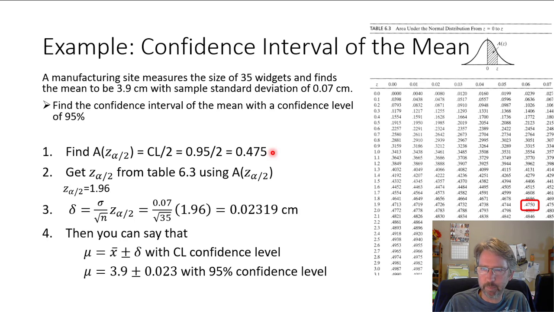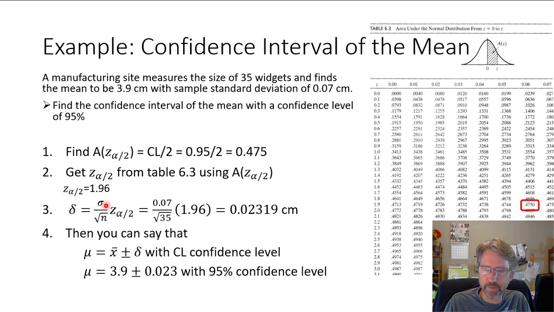Then we look into the table. It's over here. This is the area. So area of 0.475 has a z value. It's in the 1.9 row, and it's in the 0.06 column. So 1.96 is z. Now we just plug it into the equation.